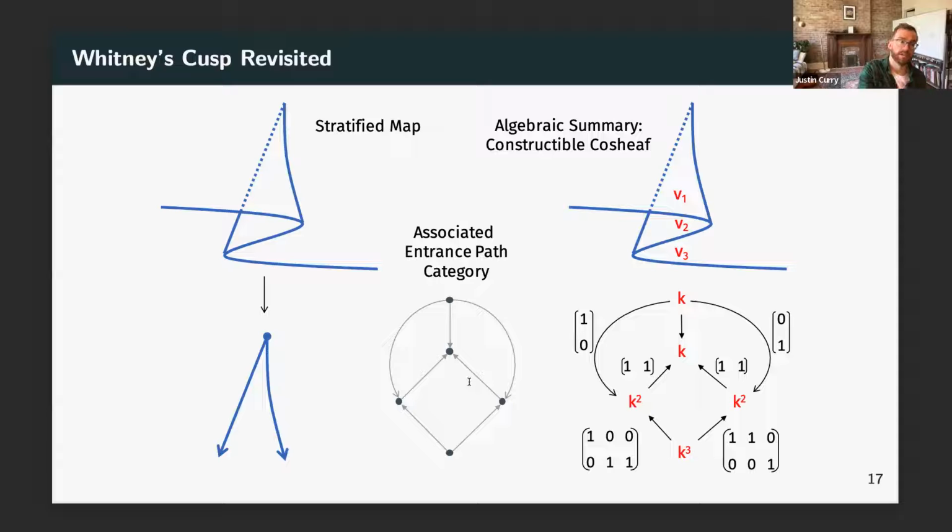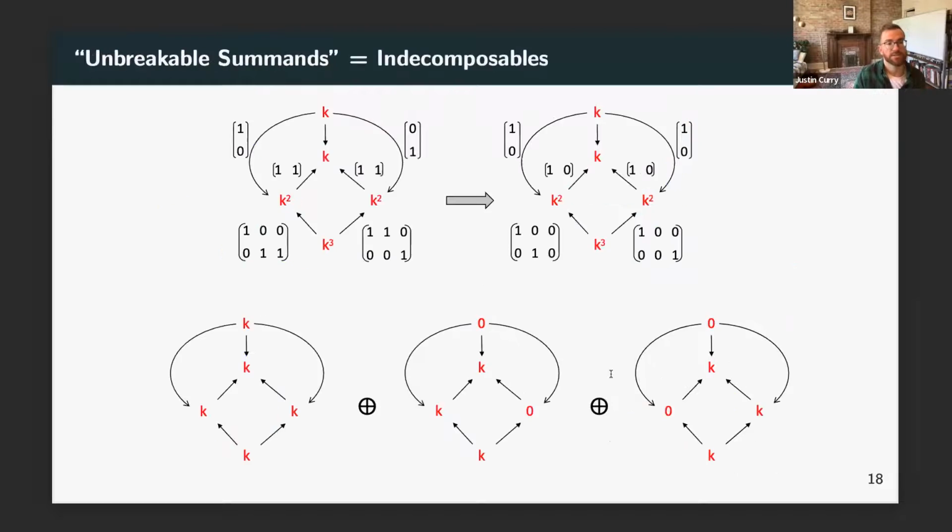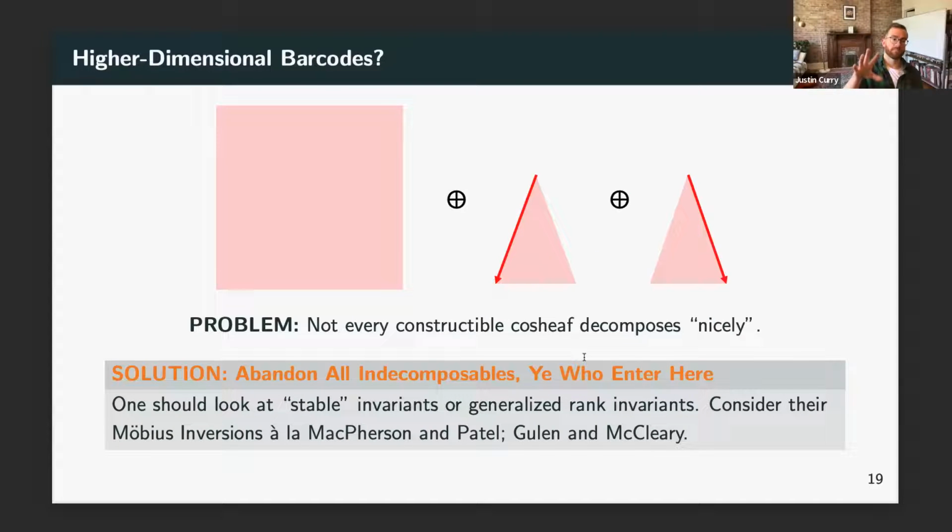But again, we can now tell you how to organize things like the Whitney cusp and fold: pick points from each of these representative strata, look at entrance paths, and then study the homology of the inverse image over each of these points. And each of these maps gives you induced maps, which, in this case, decomposes actually very nicely. But this is where my story with persistence sort of stops, and I hand it over to other people.